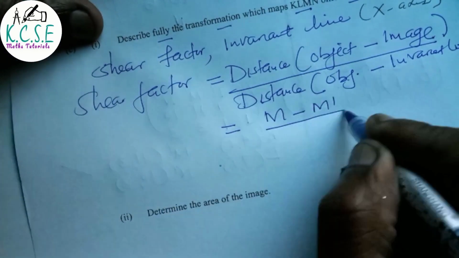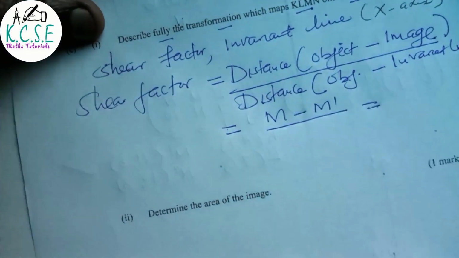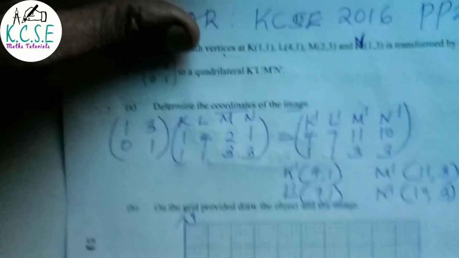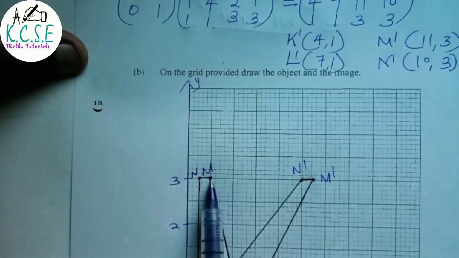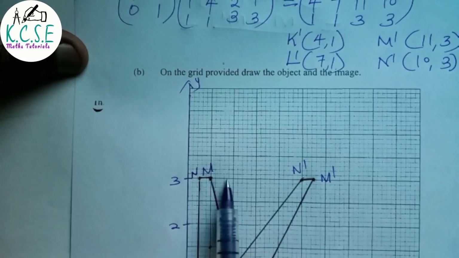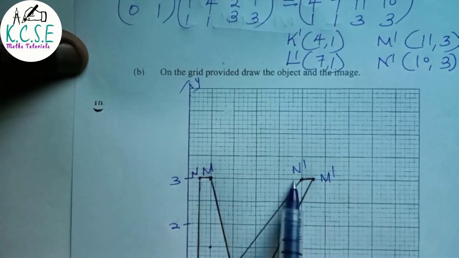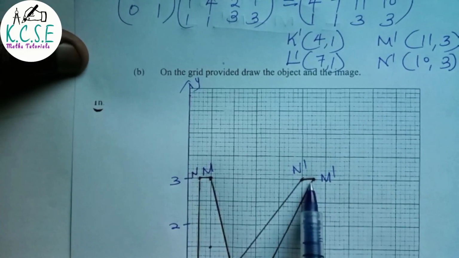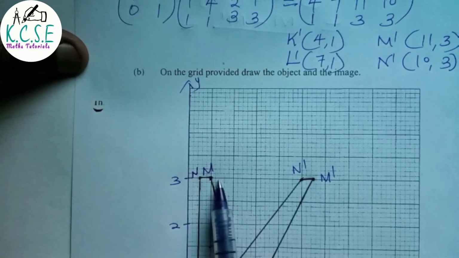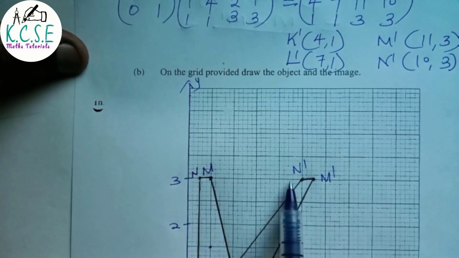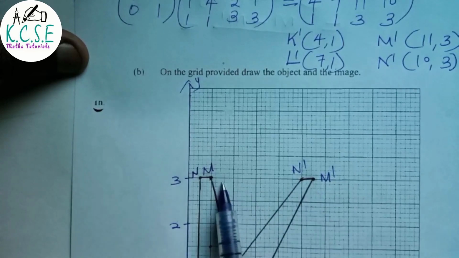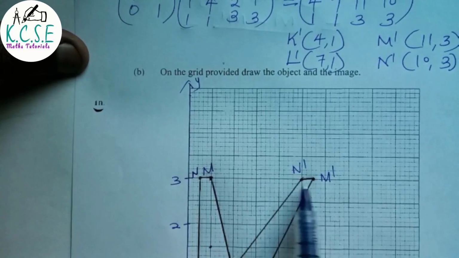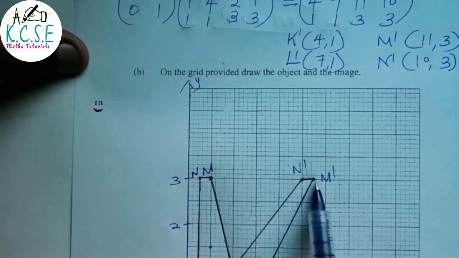What is that distance? Let us calculate that distance. We just count the boxes or the squares. So from M to M prime, these are 1, 2, 3, 4, 4.5.